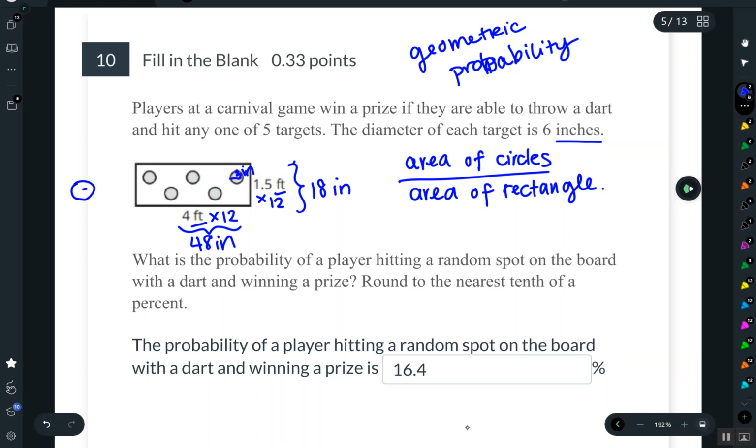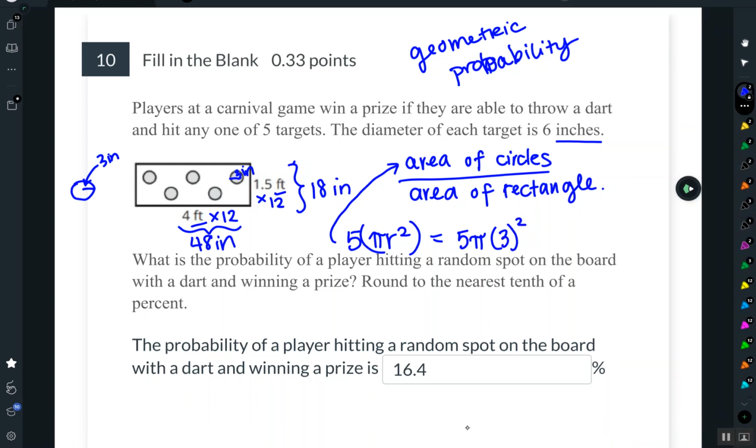Let me draw one a little bigger so we can see it. We're going to find the area of a circle. That's pi r squared, but we're going to have 5 of them. So this is going to be my numerator: 5 times pi times 3 squared. That's 9. 9 times 5 is 45 pi.